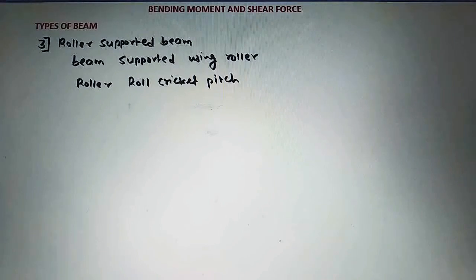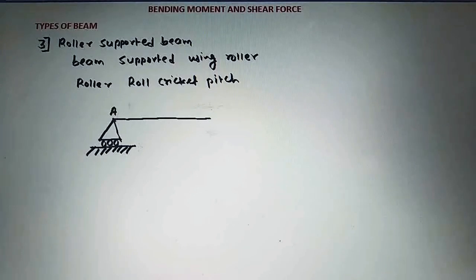Now see here, this is a beam, and we are considering the left end of the beam as A, and we are applying a roller support here, and this is the plane of this roller support, which is horizontal.